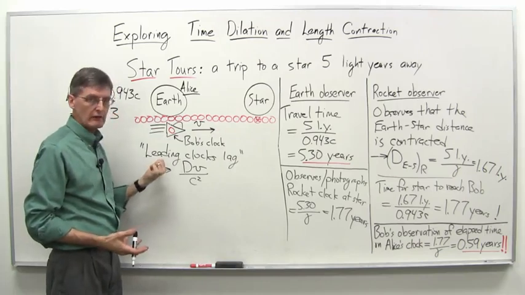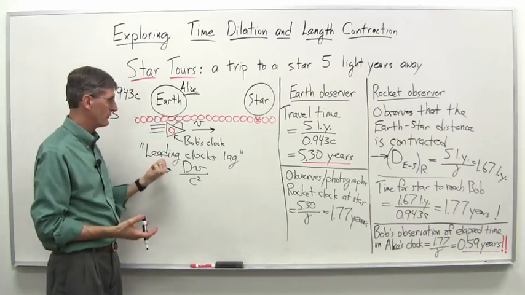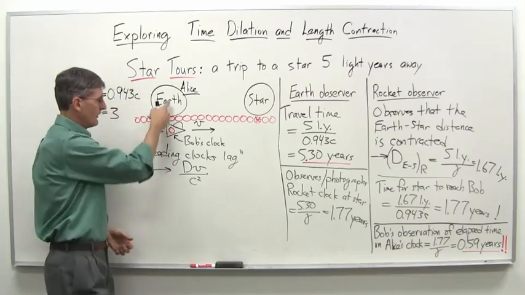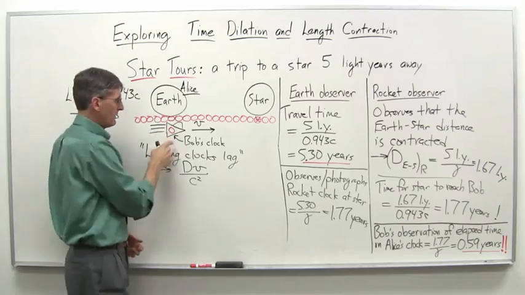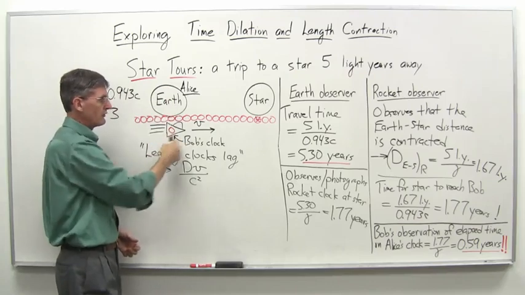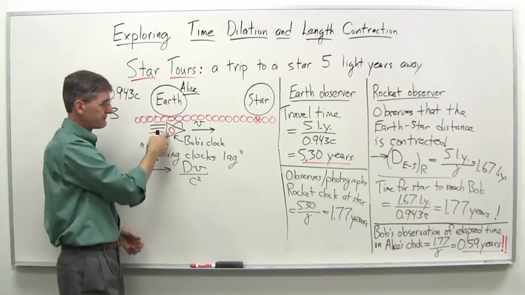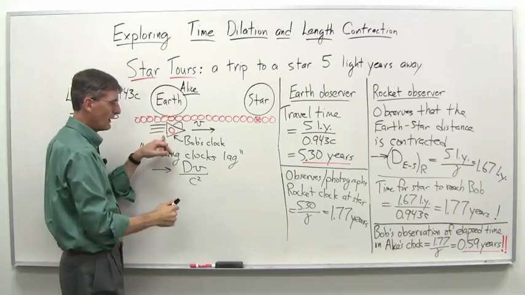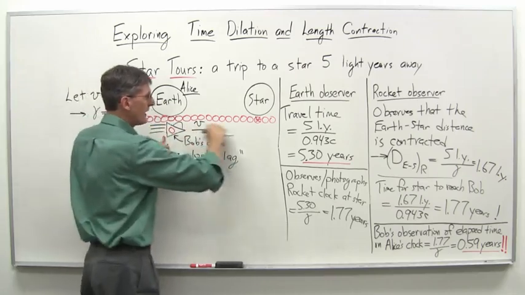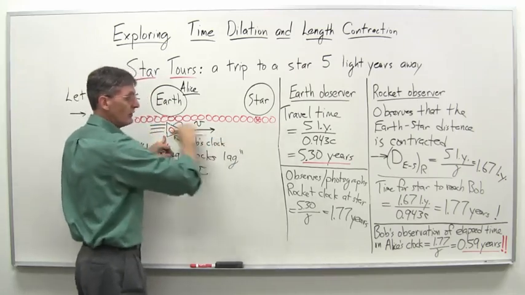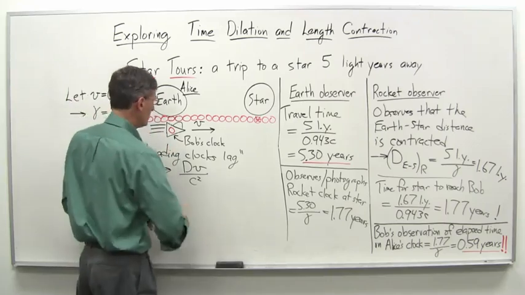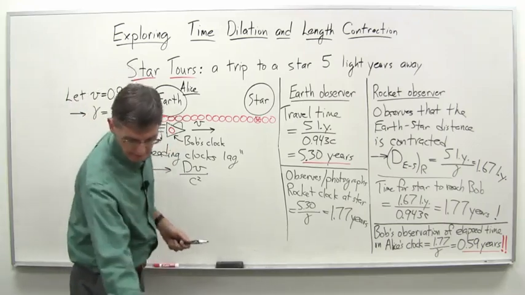Well, it's the leading clocks' lag factor. It's the relativity of simultaneity. Because at the beginning here, right when Bob is next to Earth, the star is moving toward him, these clocks both read 0. Well, at that point, for Bob, if he had his whole lattice of clocks here and took photographs, so Bob has his own lattice of clocks. Let's find my green pen here.